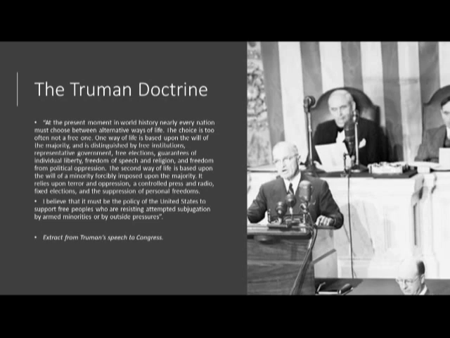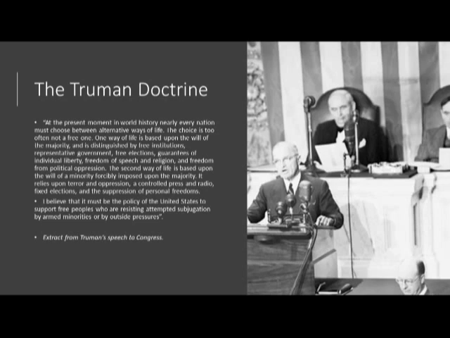He was giving a speech in Congress because the first area to be contained, as it were, was Greece, because there was a civil war taking place between the Greek monarchists and the communists. And so, of course, he needed congressional approval to mobilize American forces to assist in the Greek Civil War.